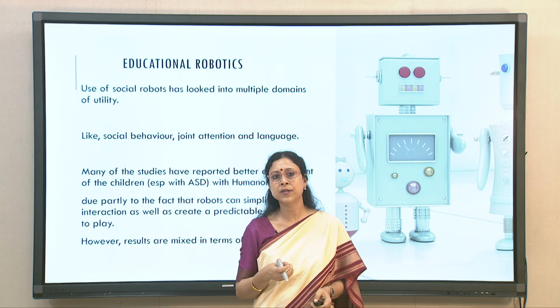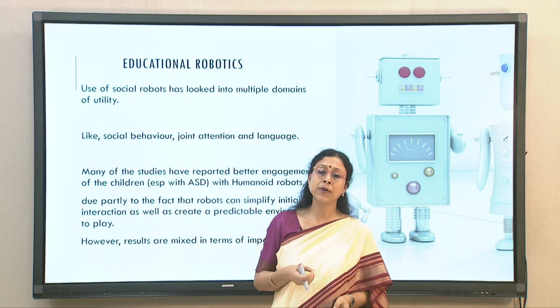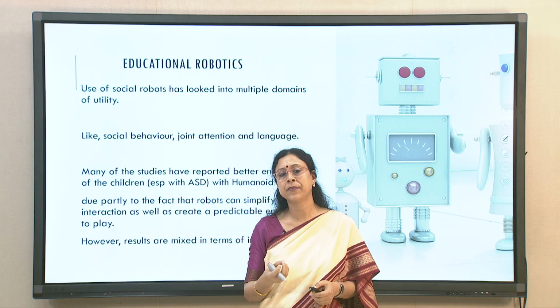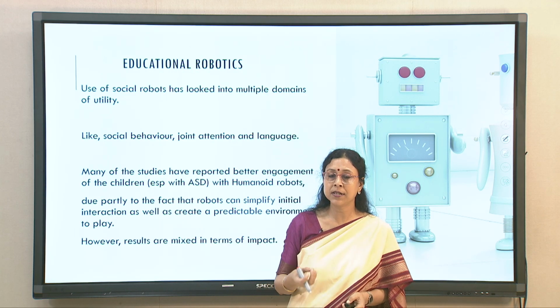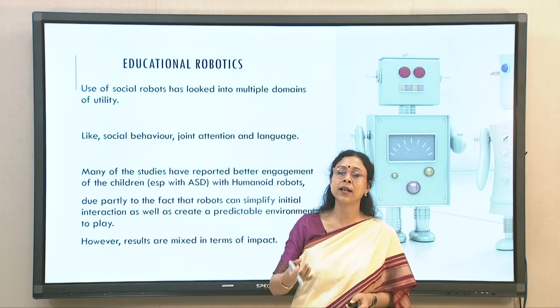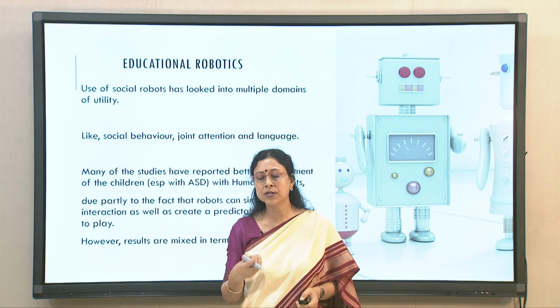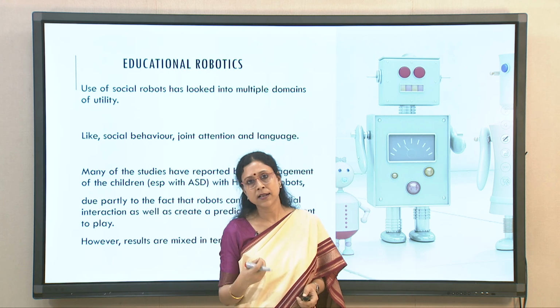Sometimes there is no direct impact, but sometimes there is. Language also can be targeted, because autistic children specifically are fond of repetitive behavior. So, you can use certain kinds of language components that you want them to learn, and the robot can repeatedly use them, and the child can pick them up.